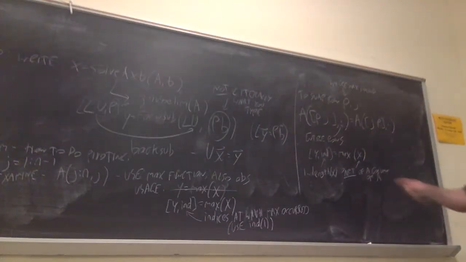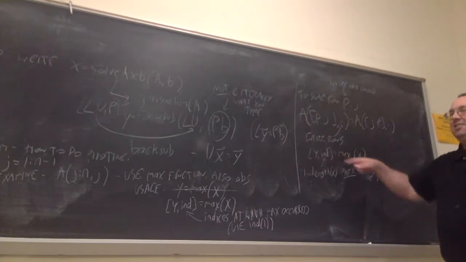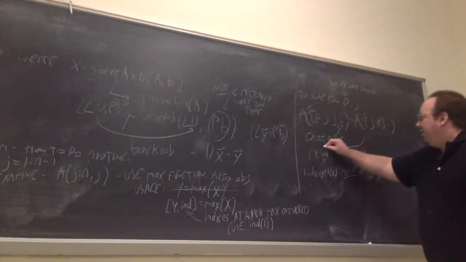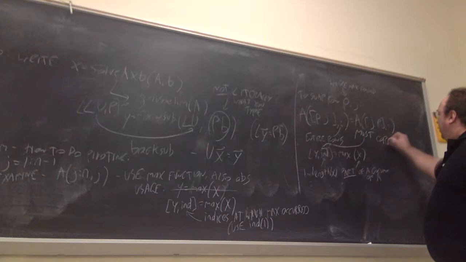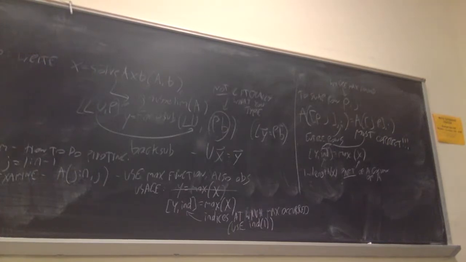So when I call maximum on this, it's going to give me the maximum value, and the index it will return is not 9, it's 7. I have to correct the index. Whatever index you get out of this, you have to adjust it to account for the fact that you only took part of a column.